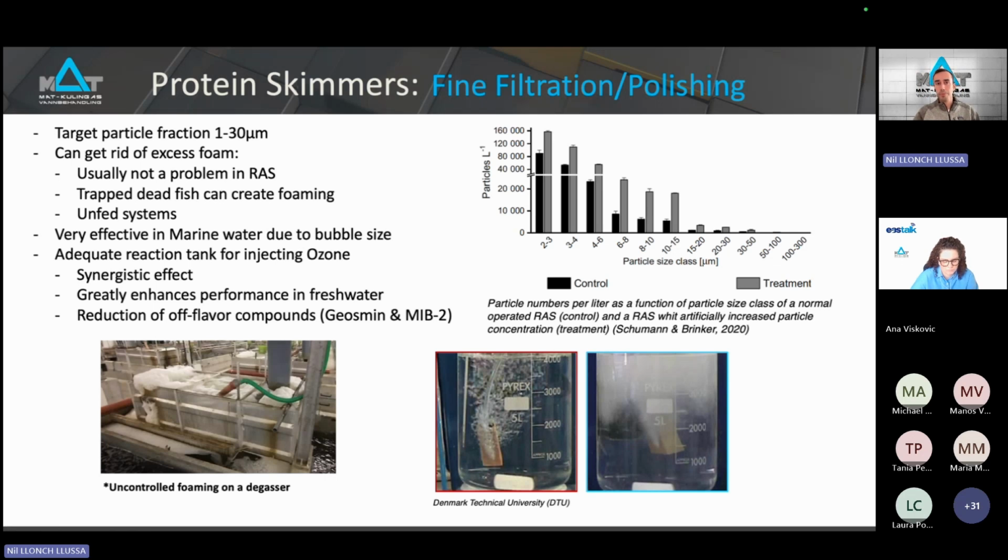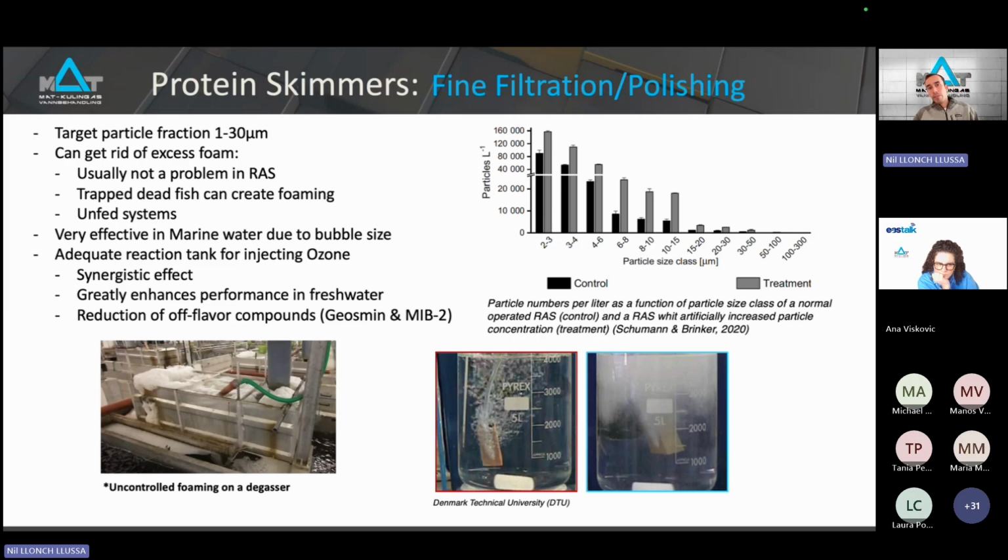if you want to target them, of course. In addition to getting rid of these particles, the skimmer is also used. There are some systems that produce foam, so you can use the skimmer to get rid of excess foam created in your RAS system. Generally, in RAS systems, foam is not a problem, because feeds contain a certain percentage of fat content, and this fat doesn't allow the proteins to emulsify and create foam.